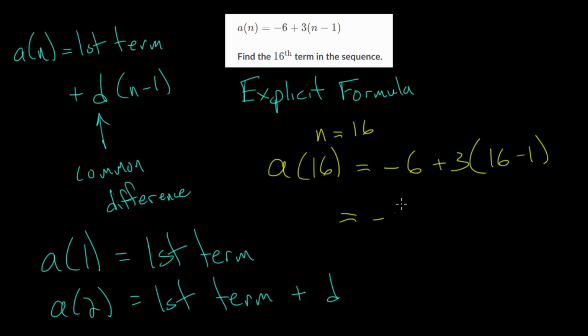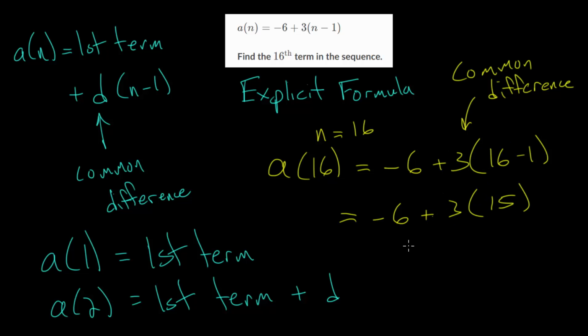So minus 6, that's our starting term. And our common difference, in this case, is 3. And so we're going to add 3 one less time than the number of terms there are. Or in this case, we're going to add 3 15 times. So we have minus 6 plus 45. And if you take away 6 from 45, that brings you to 39. So it looks like 39 is the 16th term in the sequence.